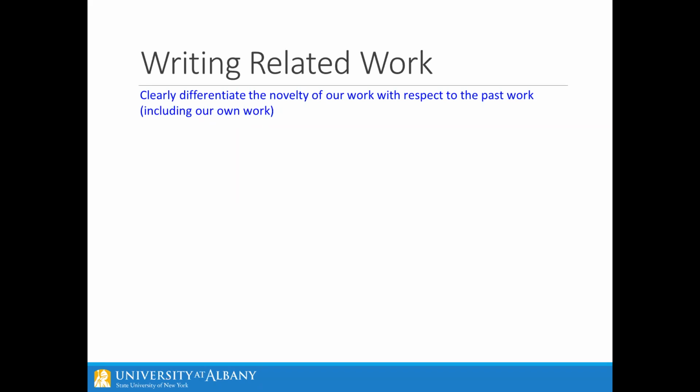I could cite my own related work in my current report, and the related work could be past work. If it is so, then I have to clearly differentiate the novelty of the current work with respect to my own past work. Okay, if I'm citing my own past work, that distinction needs to be made.